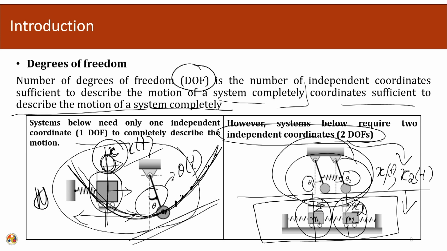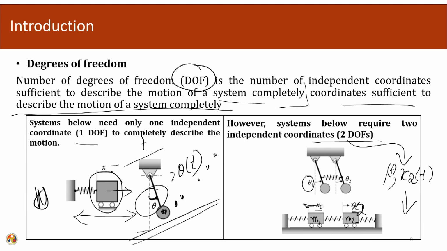Since these two systems are combined by a spring, let us say that we replace this spring by a rigid rod, then there exists a relationship between theta 1 and theta 2.